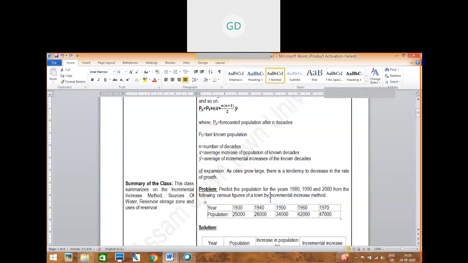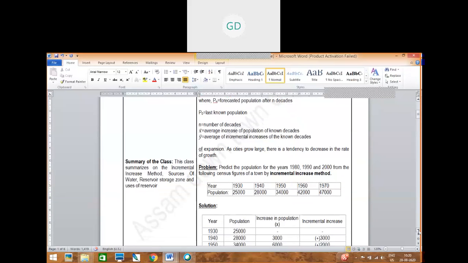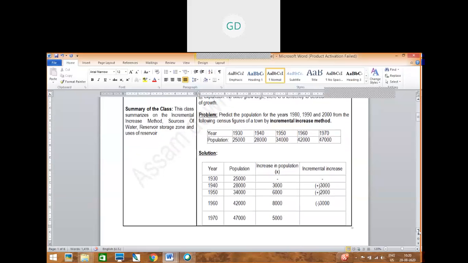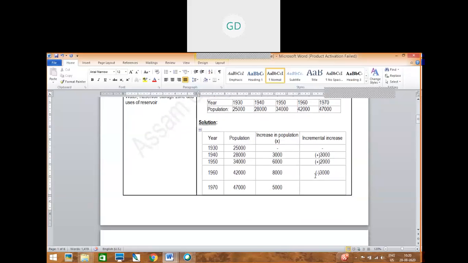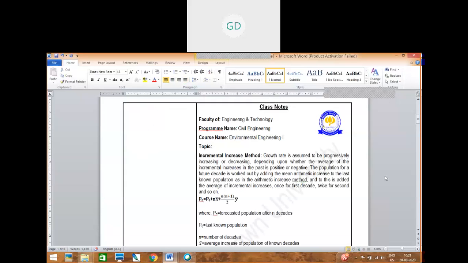So here the same population question is given, and it is mentioned that you find it by the incremental increase method. The question and values are the same, so you just make the table with 4 columns like this, and write the same up to increase in population. It is the same as in your arithmetic increase method and geometric increase method. Everything is the same up to here. You write it down.